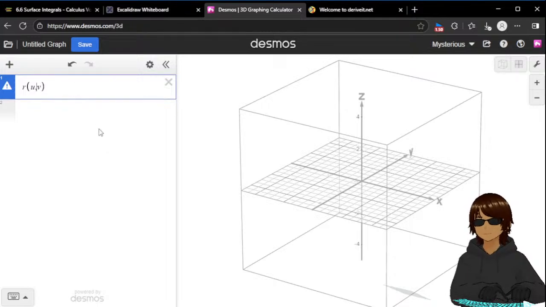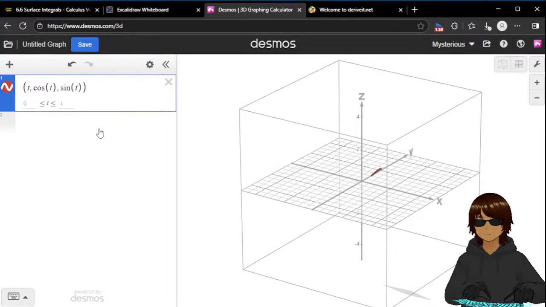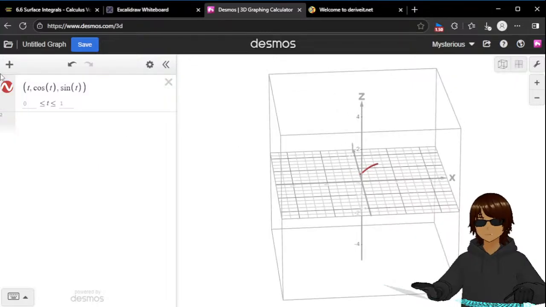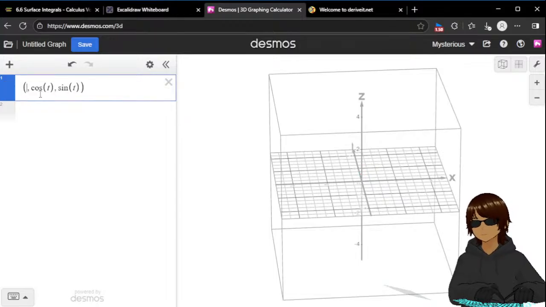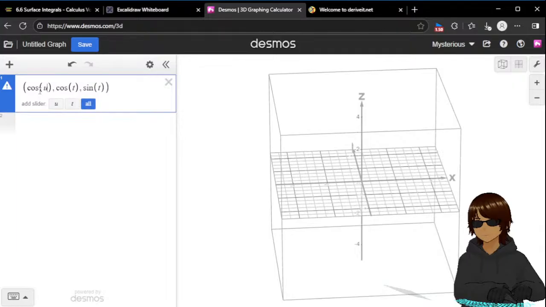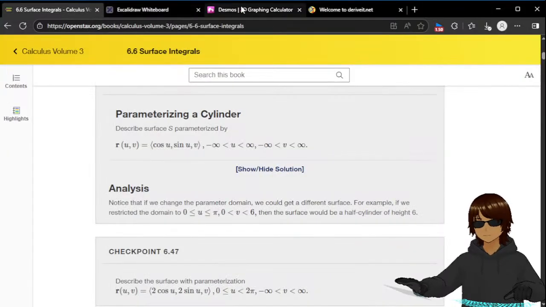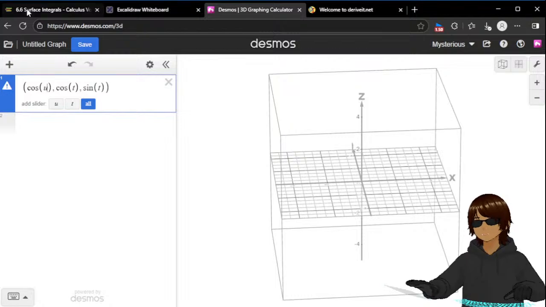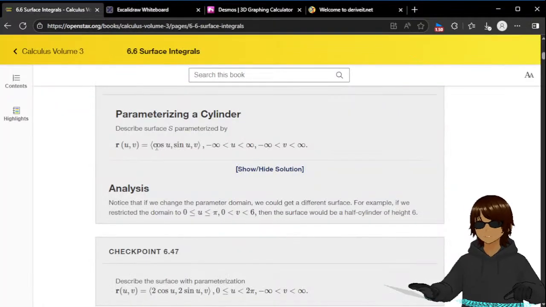Hold on. cos u, sin u. So x will follow a cos function, y will follow a sine function.